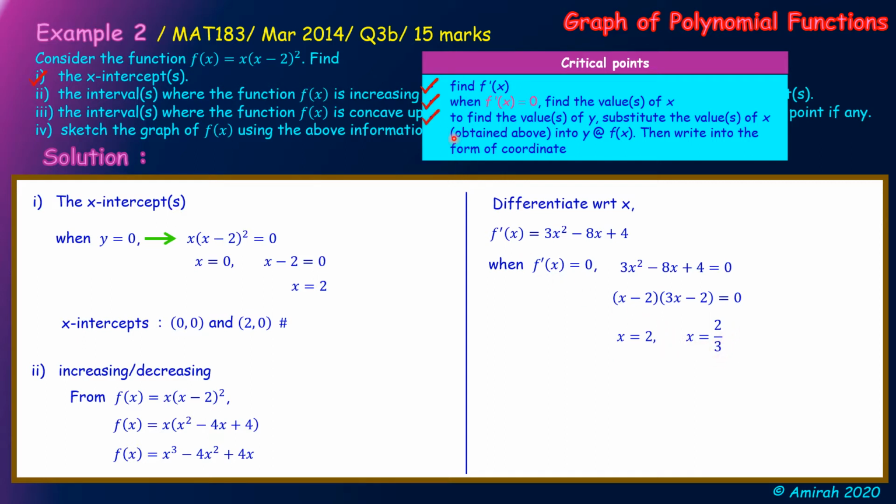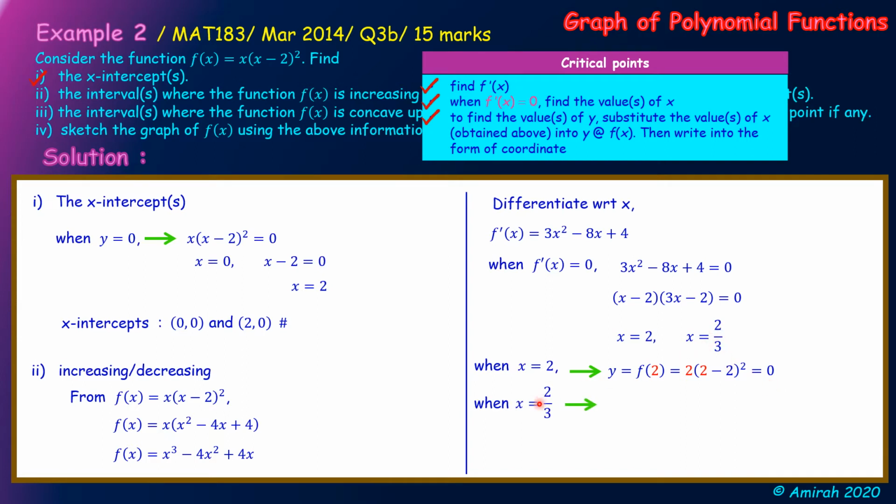And after that, to find the value of y, substitute the values of x obtained when we set f prime equals 0, and then write them in the form of coordinates. When x equals 2, we substitute into f(x). f(x) means y, so we have y equals 0.